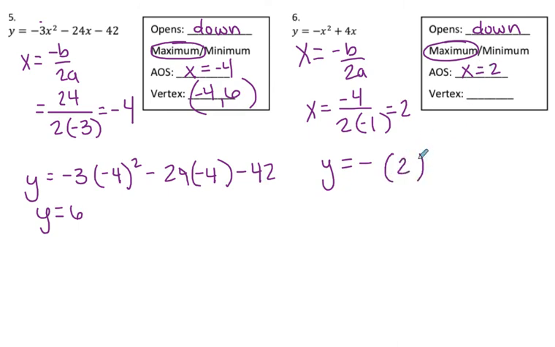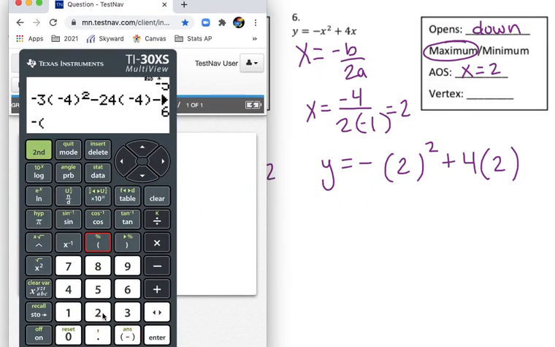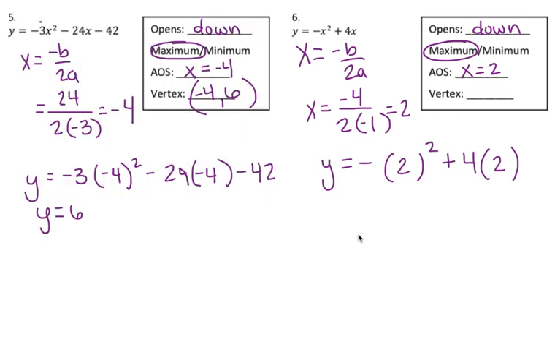That's where we're going to pull in our 2. +4, replace x with parentheses, and plug in 2. So I have -2 squared plus 4 times 2. And we get our y value is 4.